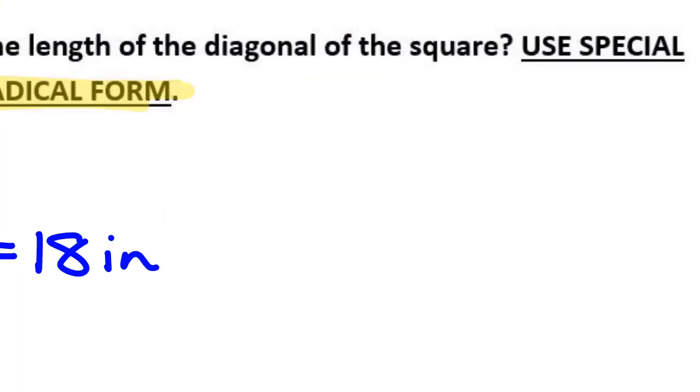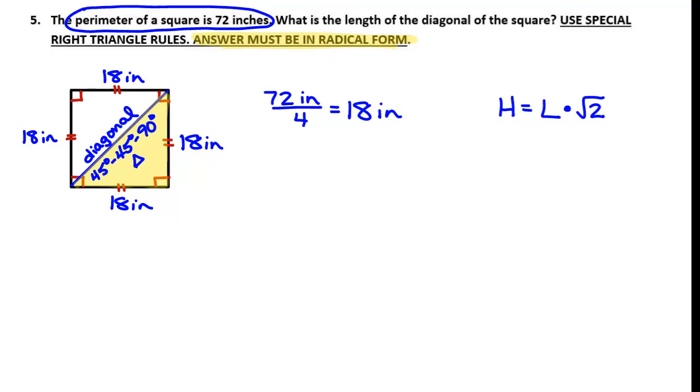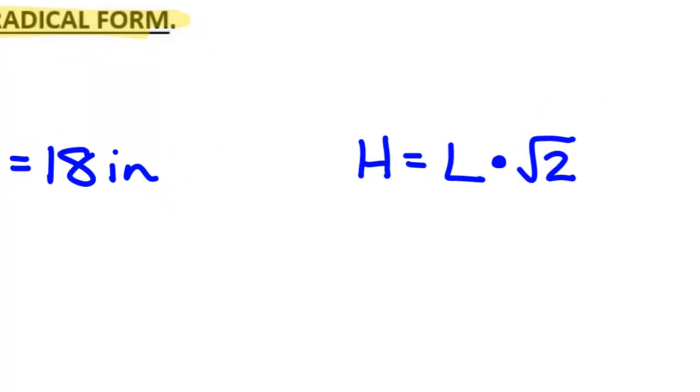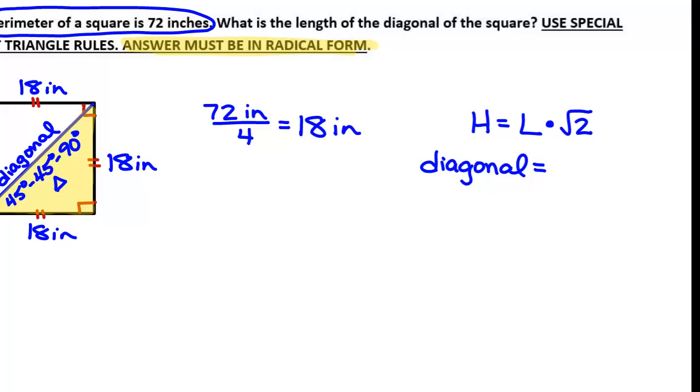We had one formula for a 45, 45, 90 triangle, and that was hypotenuse equals leg times radical 2. So the hypotenuse is that diagonal equals, I don't have a short leg and a long leg because both of my legs are the same size.